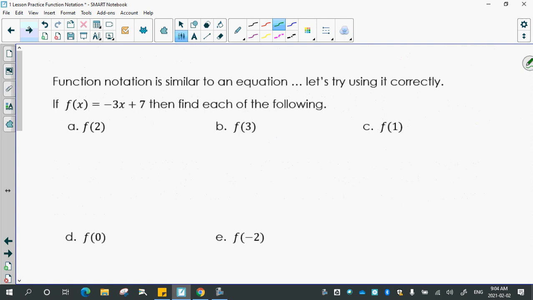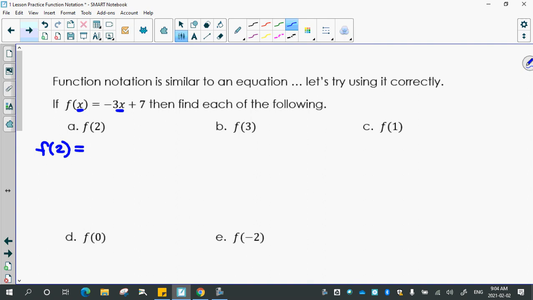Function notation is similar to an equation, so we're going to practice using it. It's pretty easy once you get the hang of it. So f at x equals negative 3x plus 7. Again, f at x takes the place of y, so really this is just a line. Then find each of the following. f at 2 means you're going to replace each x with 2.